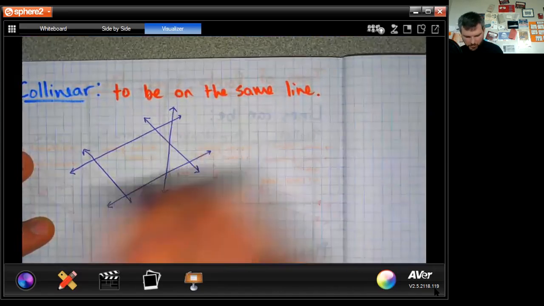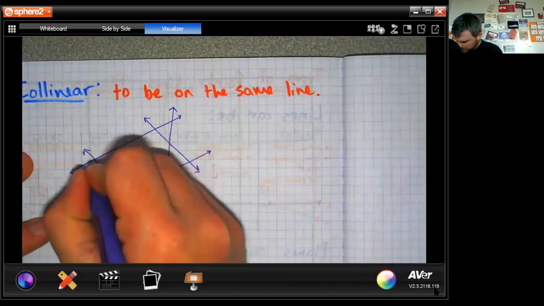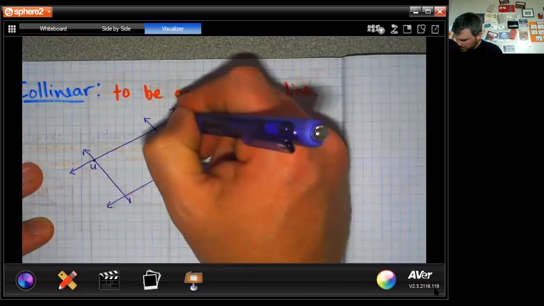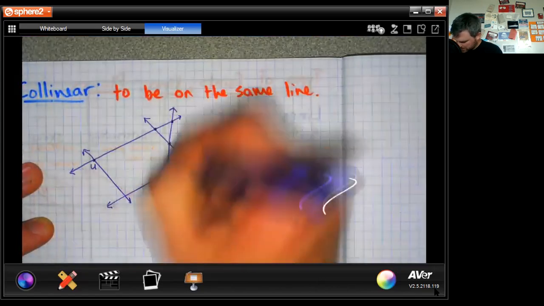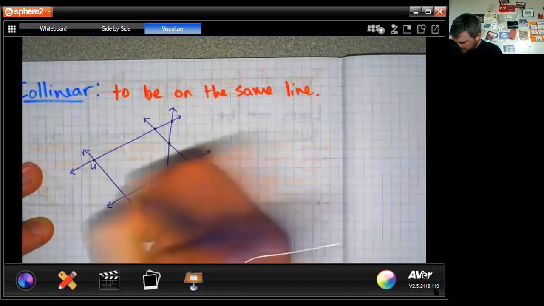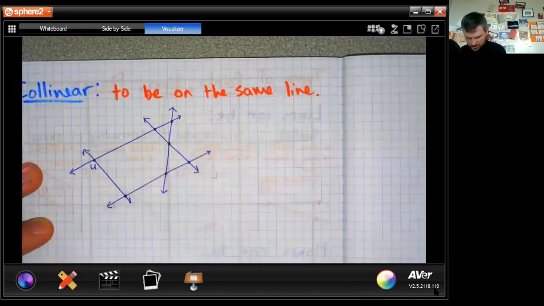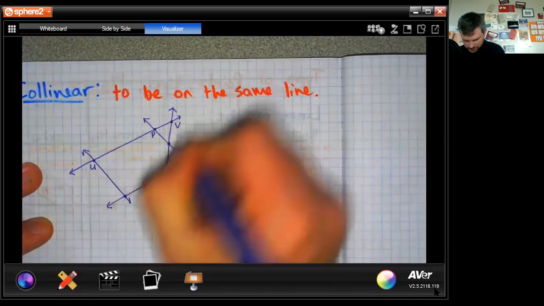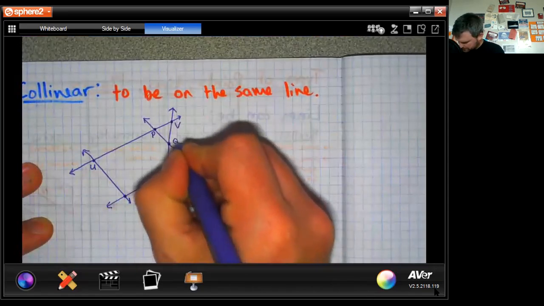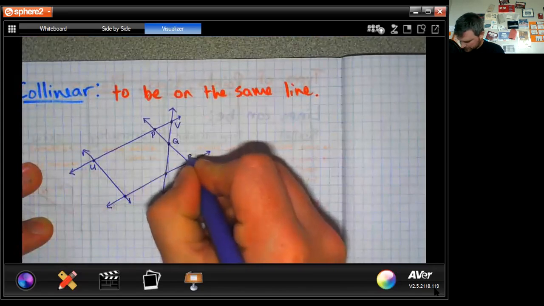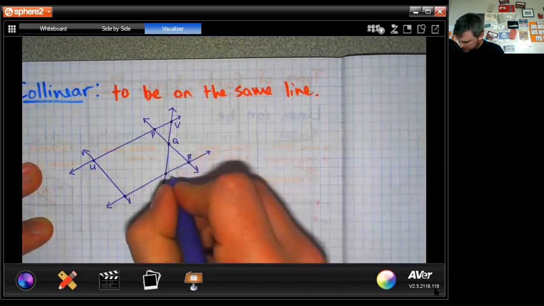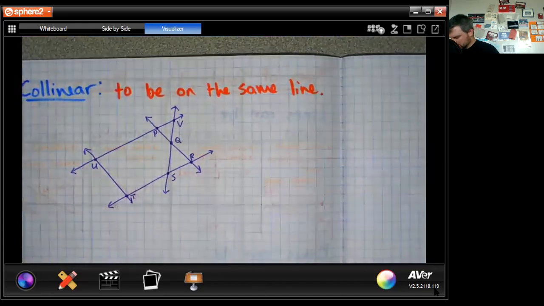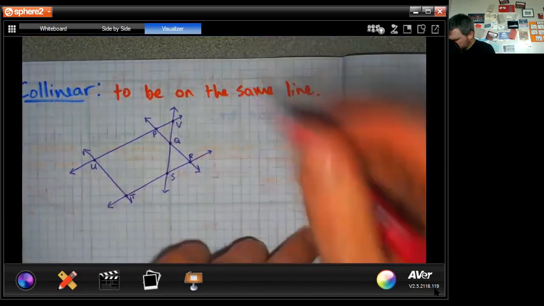Okay, and I'm gonna label the points. I'm not gonna label the actual lines with cursive letters, because remember, we can label a line with just 2 letters. And a point here has to be labeled with a capital letter. R, S, and T.